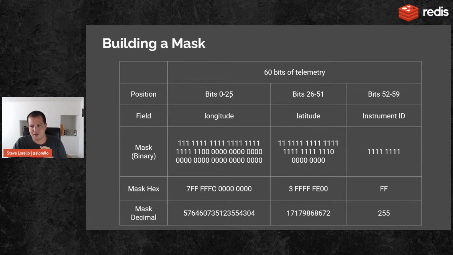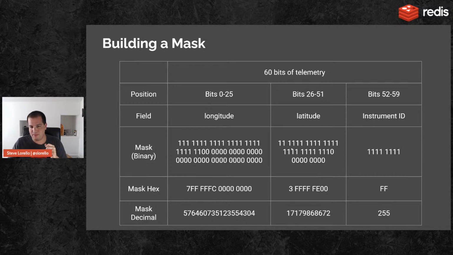Because the longitude is bits 0 to 25 in a 60-bit bit field, this mask is going to be 26 bits of ones followed by 34 bits of zeros. So it's going to be a 60-bit number with 26 bits of ones followed by zeros. That allows you to mask the bitfield and just pull out the longitude.